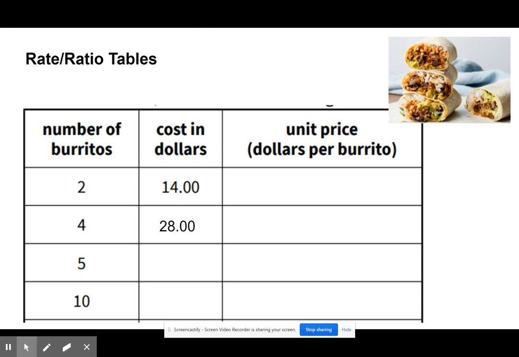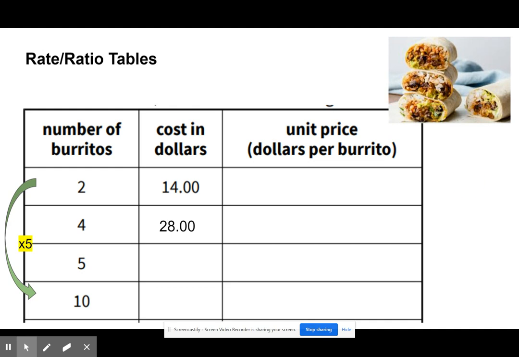Okay, now in this table, I have to figure out the cost for 5 and the cost for 10. You might have a different strategy. What I'm going to do is take what I know about 2 burritos and scale it up to 10 burritos. How many times greater is that? 5?